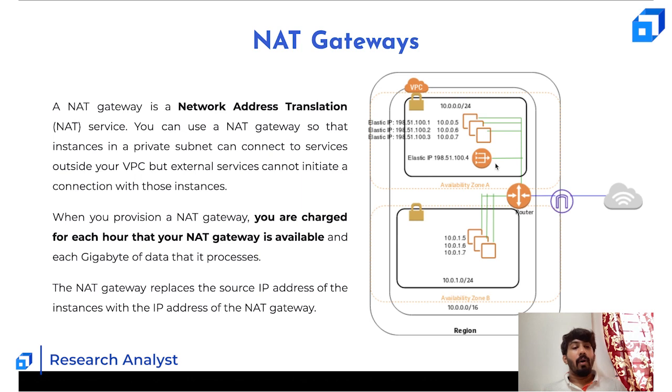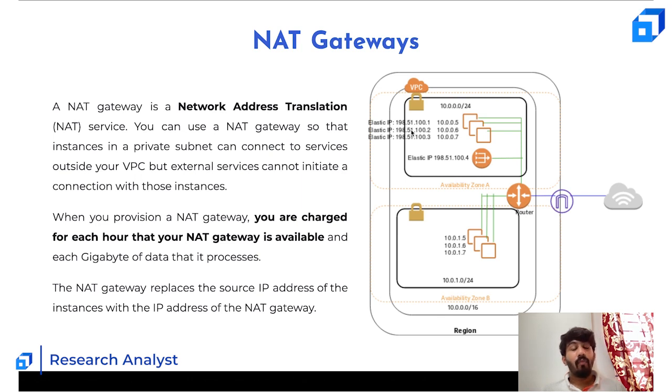So this is basically the NAT gateway. Now let's say this 10.0.1.5 instance, this particular EC2 instance, wants to access the internet. It only has the private IP address. It cannot use the internet gateway because the internet gateway only does network address translation for public IPv4 addresses.